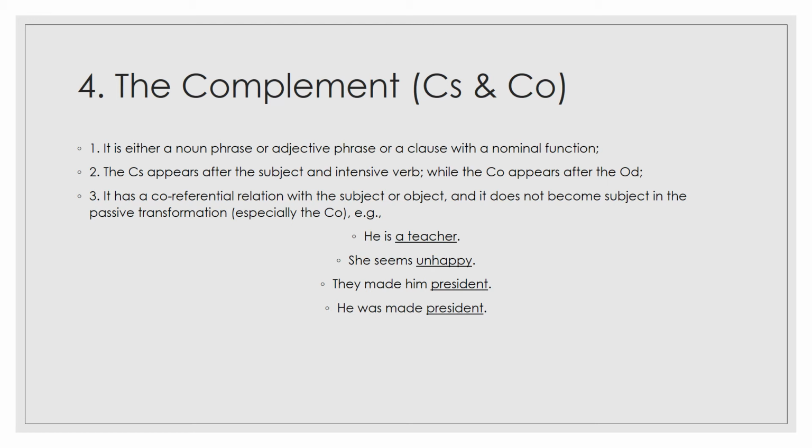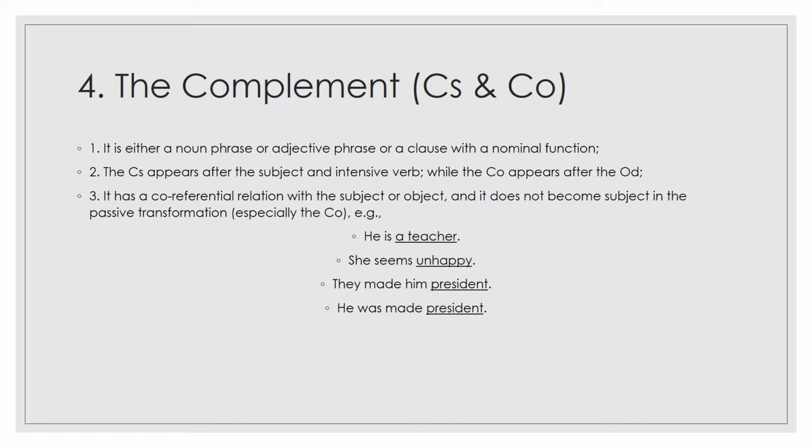If we want to answer the first question concerning the form of the complement, we say that the complement can be either a noun phrase, an adjective phrase, or a clause with a nominal function. In terms of the position of the complement, the subject complement usually appears after the subject and the intensive verb, while the object complement appears after the direct object.